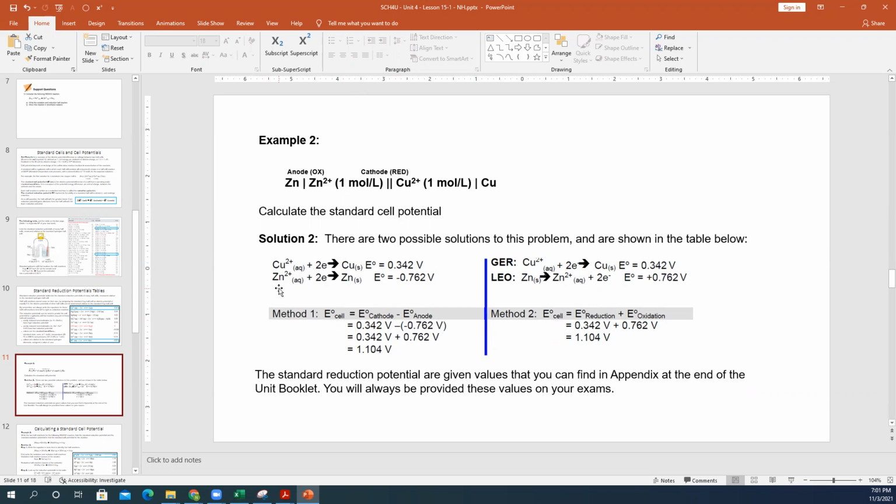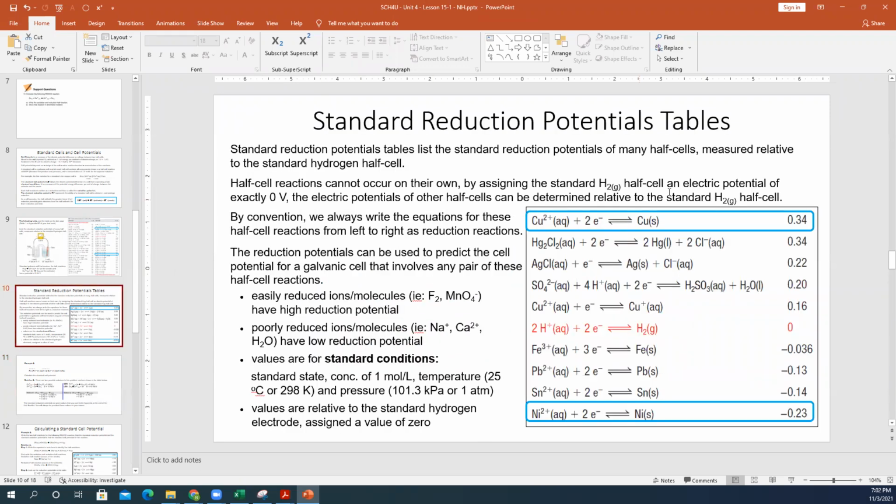Here we can see that we have copper plus 2 electrons going to copper, and we found the reduction potential from the table. That half reaction is always shown as a reduction. So you look it up in the table and you find it there, for example.